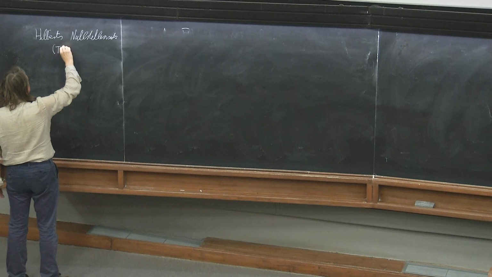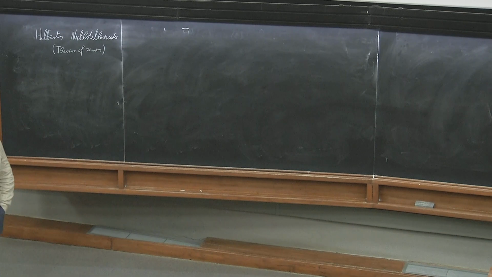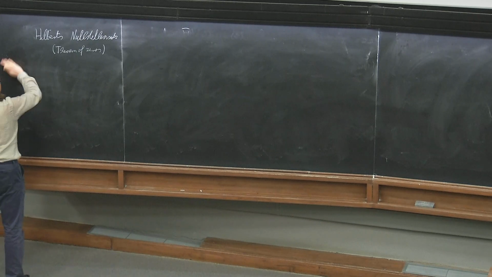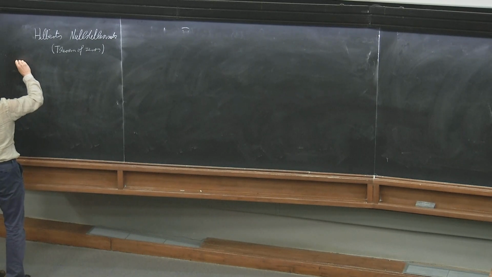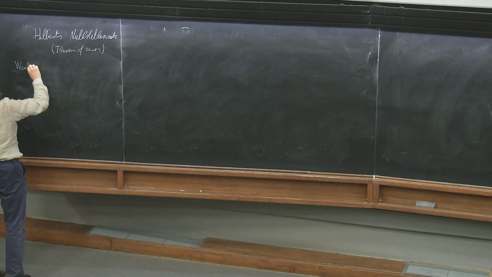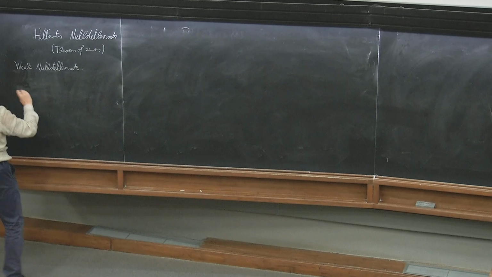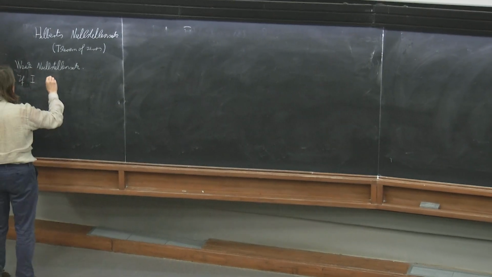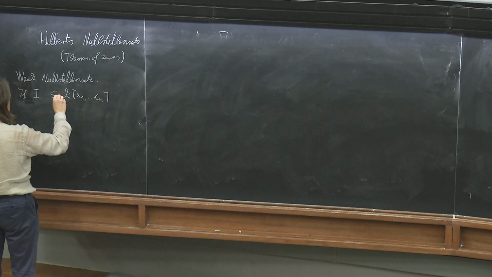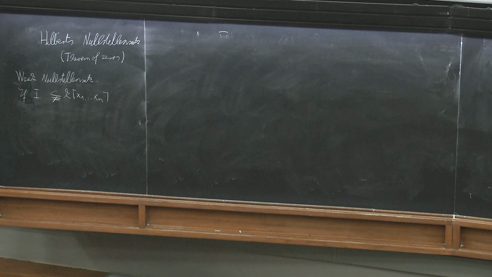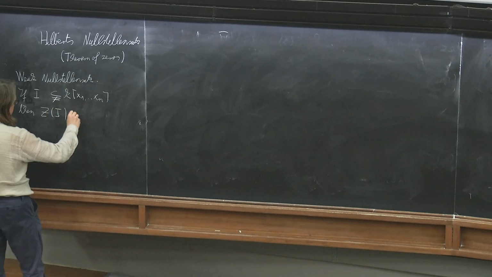Hilbert's theorem of zeros. So we first had the weak version of it, the weak Nullstellensatz, which says that if I is an ideal in k[x1, ..., xn] which is a proper ideal, so not the whole of this polynomial ring, then its zero set is non-empty.